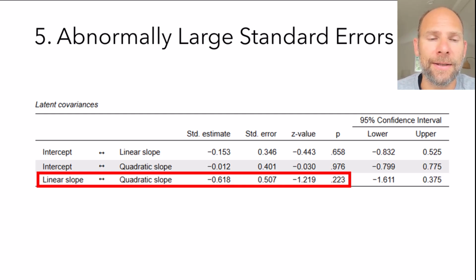These are correlations because we have the standardized estimate here, as you can see from the first column where it says STD estimate. The correlation between the linear slope and quadratic slope factor is estimated to be negative 0.618, which is a substantial negative correlation. And so this should be a significant correlation, right?